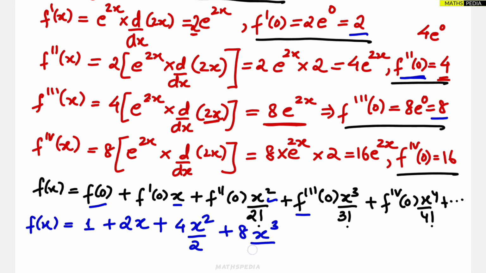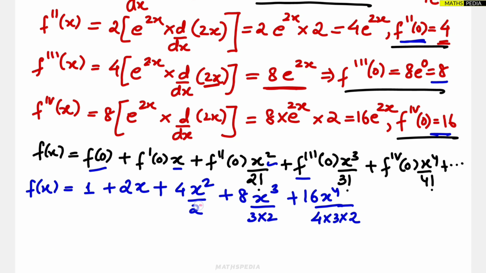Then x cube is sitting beside, divided by 3 factorial. What is 3 factorial? 3 into 2 into 1, which is 6. Plus the fourth derivative value which we also calculated, which is 16 x power 4 divided by 4 factorial, which is 4 into 3 into 2 into 1. We'll go for the simplification. So 2 ones are 2, 2 twos are 4, 2 fours are 8.